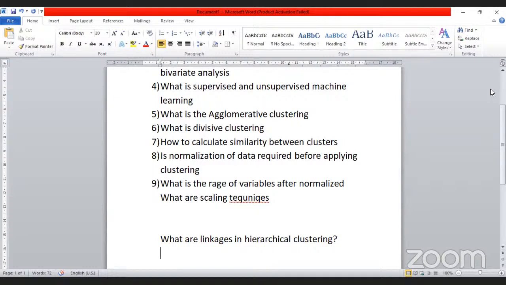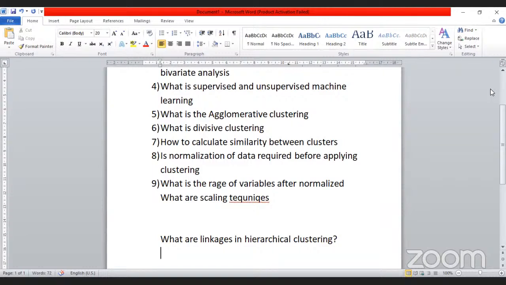Which distance we are going to calculate. There are different linkage techniques: single linkage, complete linkage, average linkage, right? These are the linkage techniques.